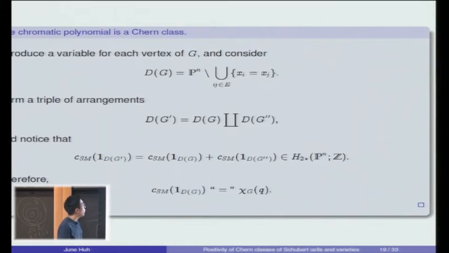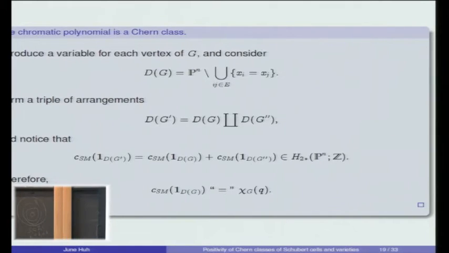You remove them all, and you observe that in the process of doing deletion-contraction, the deleted graph G prime and the contracted graph G double prime, you see a decomposition of this triple of arrangement complements into a disjoint union.